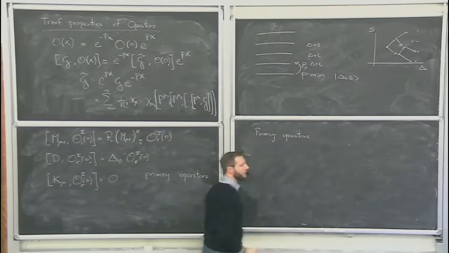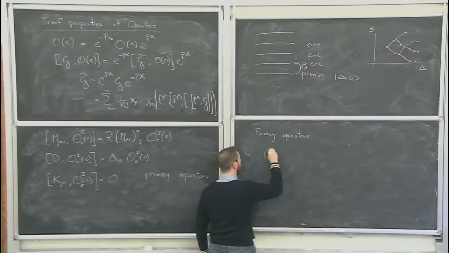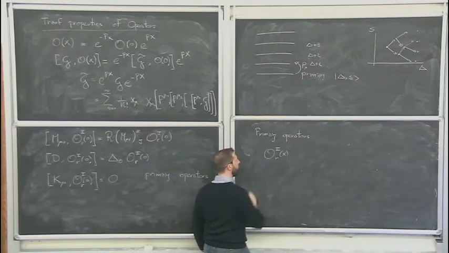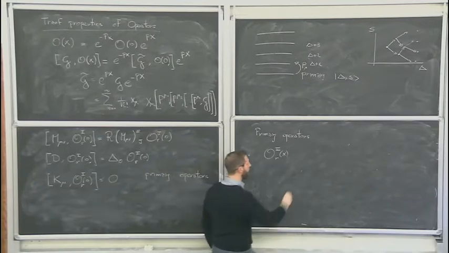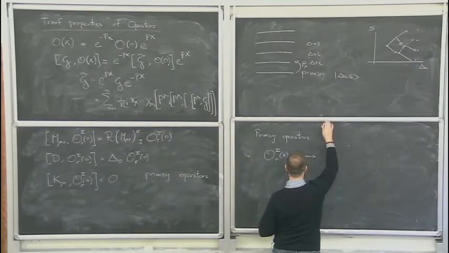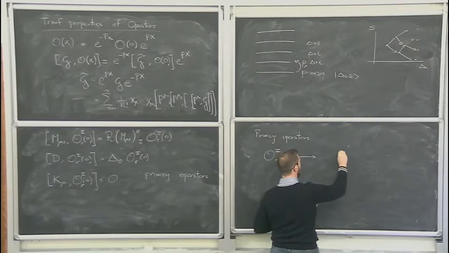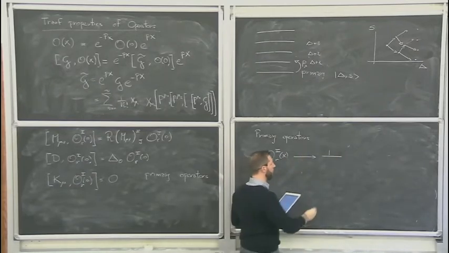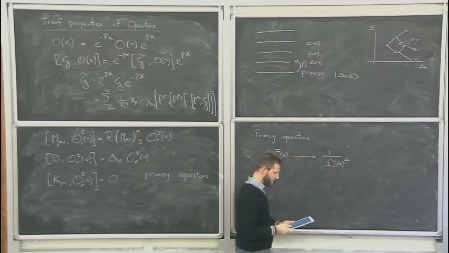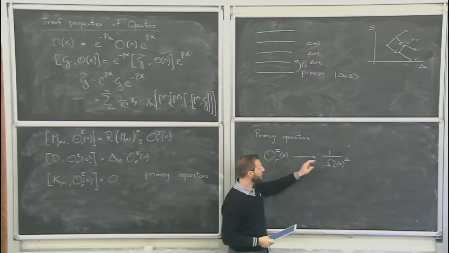under a finite transformation of x in a representation of little r, under a finite conformal transformation, it transforms in the following way. You have a factor which is 1 over omega of x to the power delta, which is the dimension of the operator.